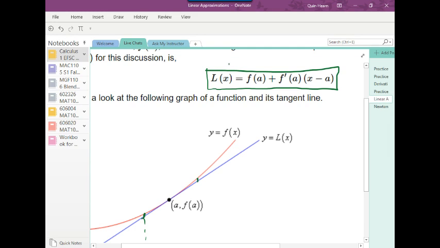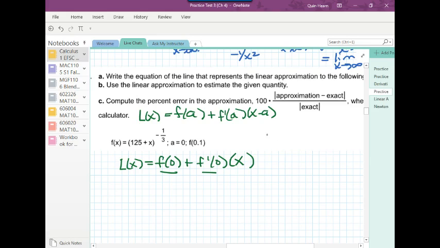The equation of the tangent line would be L of x equals f of a plus f prime of a times x minus a. By the way, you can get this formula by using the point slope formula for a line. Remember, f prime of a is actually the slope, so you have your slope and you have a point on the line, and you can get this equation yourself.